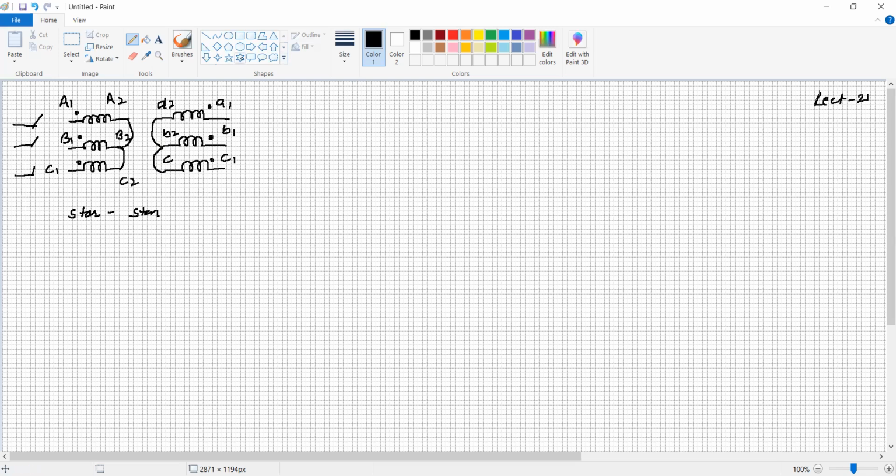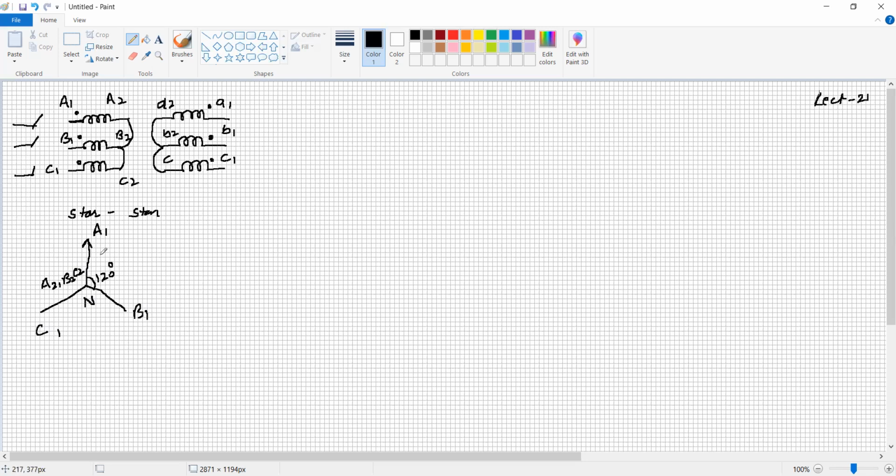In a valid connection, this is the vector diagram or phase representation: A1, B1, C1 are 120 degrees apart, and the connection A2, B2, C2 represents the neutral.